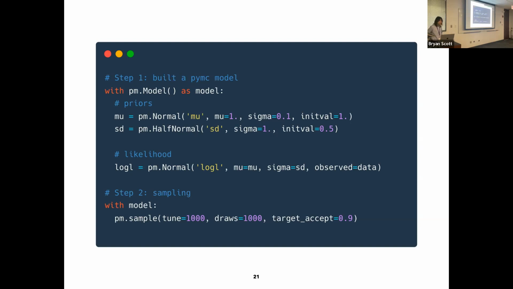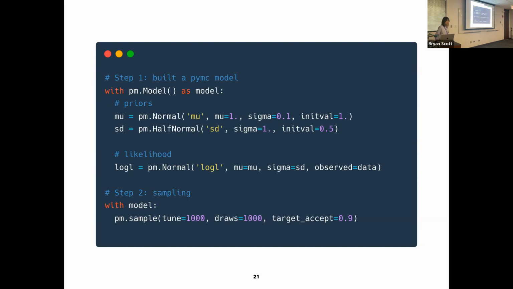So for a PyMC model, we begin by defining some priors. For example, here I'm modeling a normal distribution. Our priors are mu and sigma.